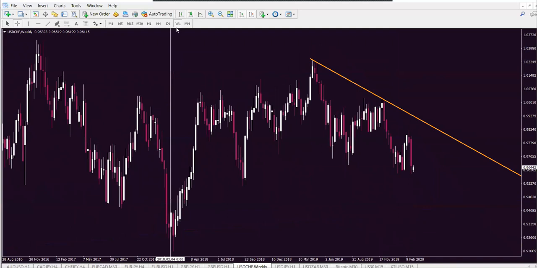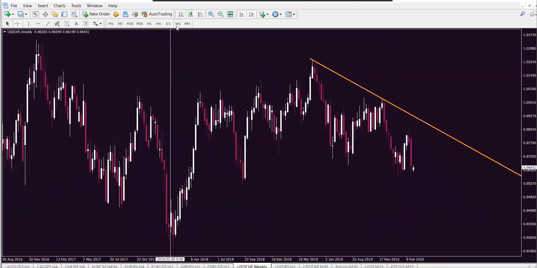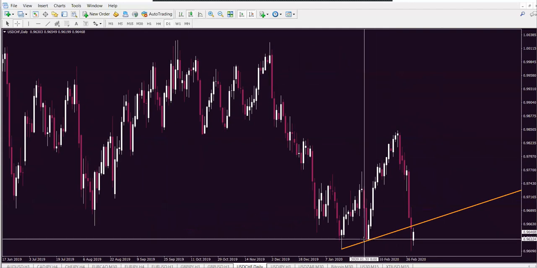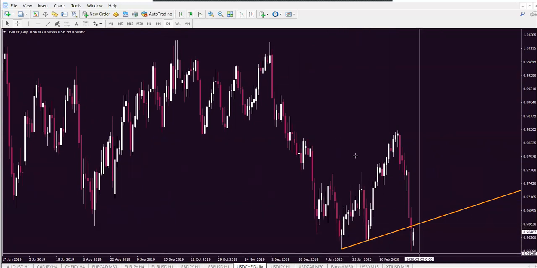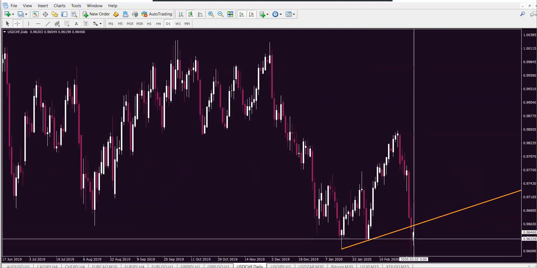Let me elaborate on this one, because we can see that price is basically at support. So we can see it here, support. So in this case, I would actually be interested in a buy also.